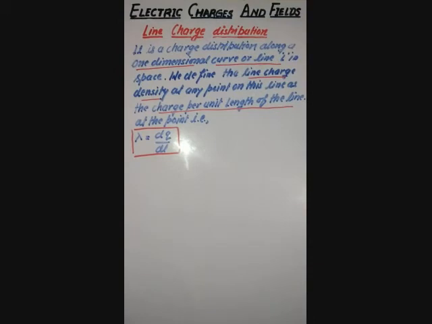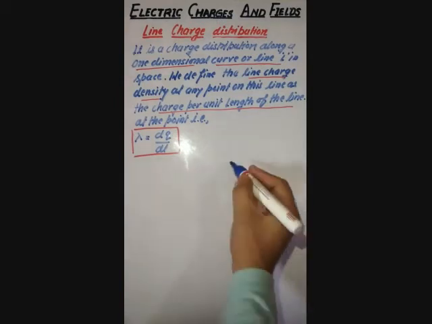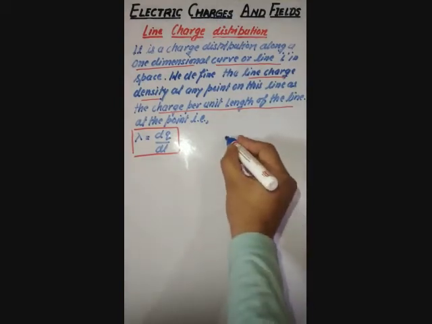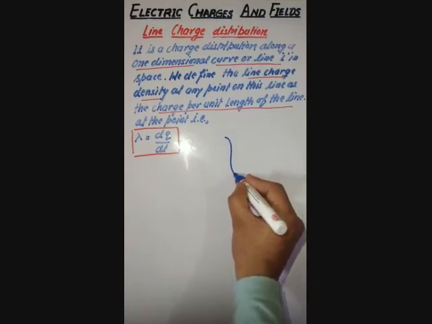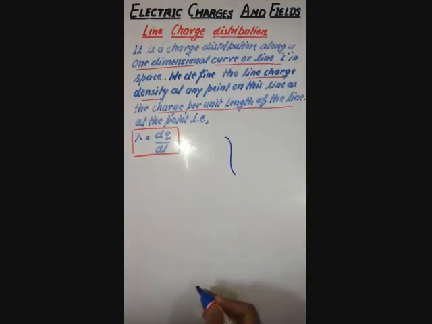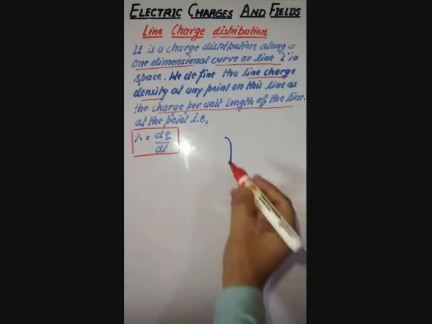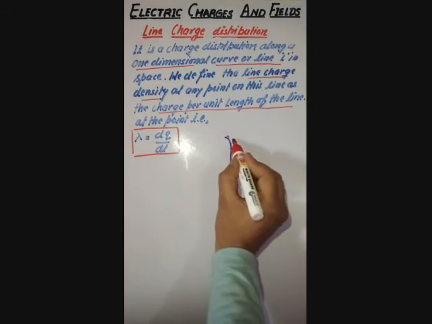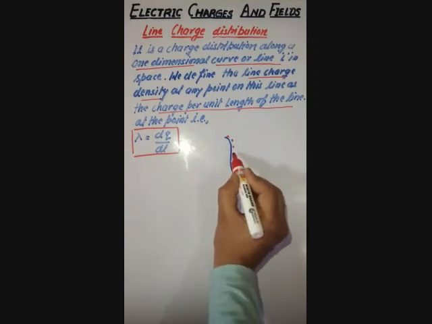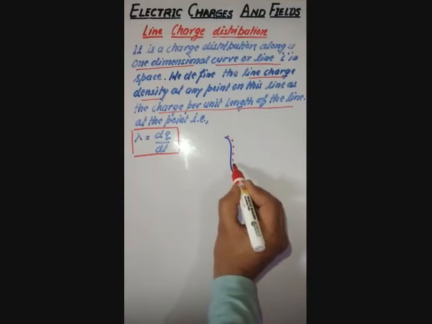Suppose there is a line in which the charge is distributed uniformly. Suppose these are the positive charges distributed all over it.